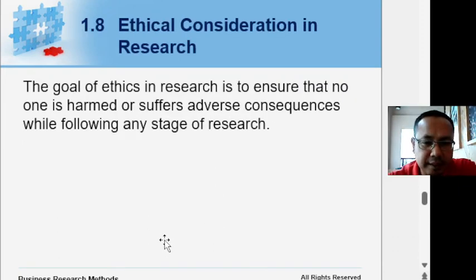The goal of ethics in research is to ensure that no one is harmed or suffers adverse consequences while following any stage of research. Research purposes are to contribute to the best organizational performance, so we must be really clear about the objective that we set for business research.